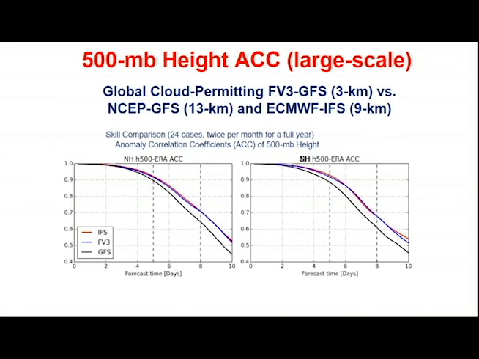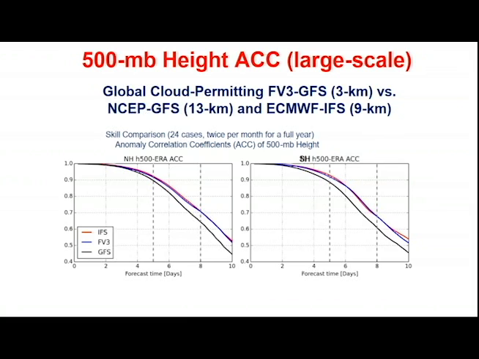This is just a graphic here, but it took half of my group's computer allocation to do this. We tried to carry out a whole year of NWP with a global cloud-resolving model, a prototype of maybe the next 10 years' weather prediction model. We run global 3-kilometer cloud-resolving.